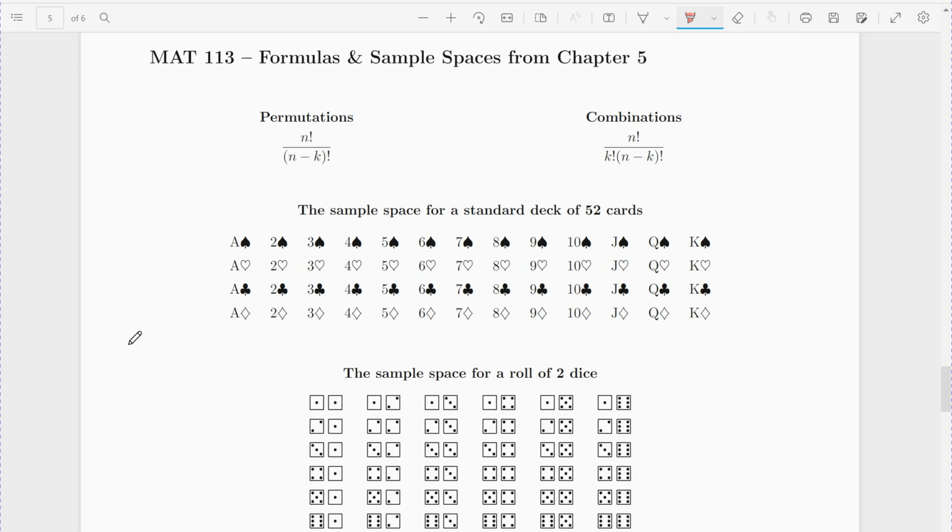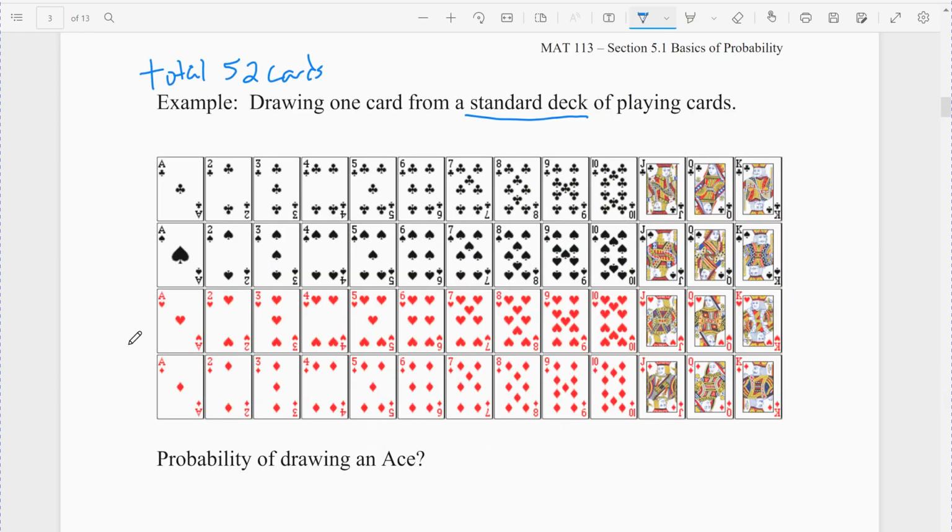There's your standard deck. Half of the cards are black and half are red. In the standard deck you've got 4 what are called suits: clubs, spades, which are the black cards, and hearts and diamonds, which are the red cards.